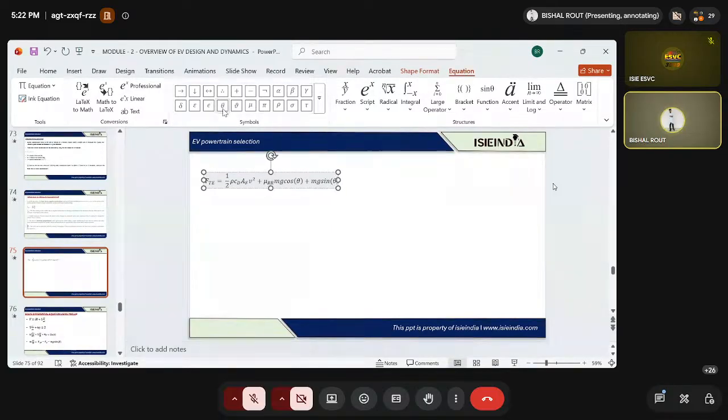Plus m dv upon dt, plus j upon r square, which is the angular acceleration term, dv upon dt.